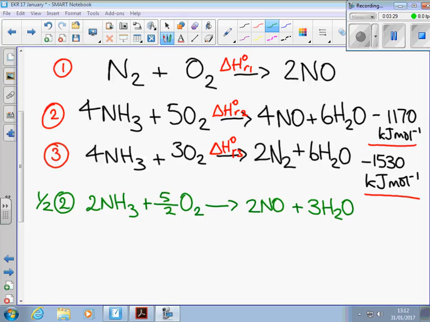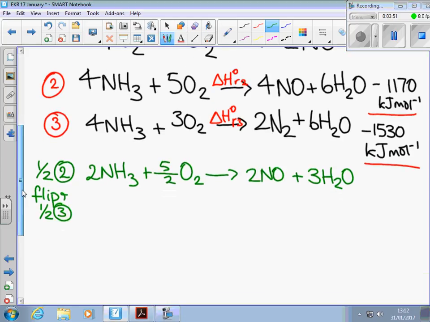That would only take half the energy, of course, which is what we're going to do in the end. So that's a start. With number 3, we're going to have to flip it and half it. So flip, it is the word we seem to use. So flip and half 3. I've got to do it now all in one go.